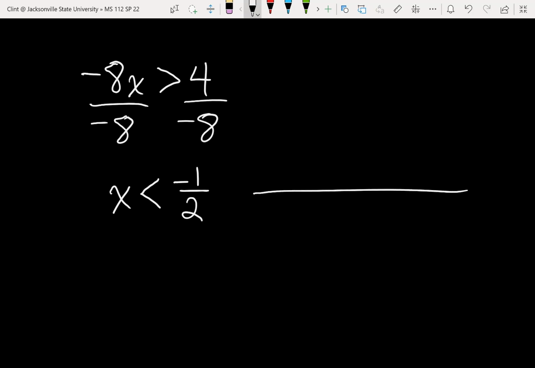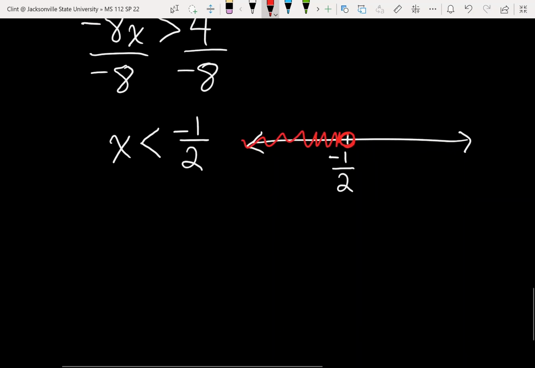Then we make our number line for this one. I'll have -1/2 on here somewhere. And again, we don't have the equal bar, so at -1/2 I'll have an open circle. And this time we want less than, so we'll shade to the left. And what about interval notation?